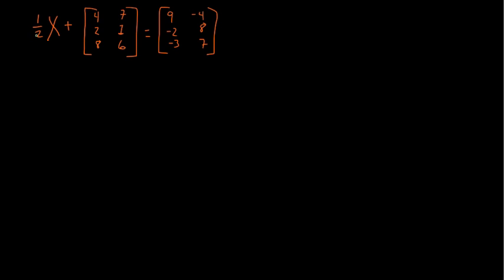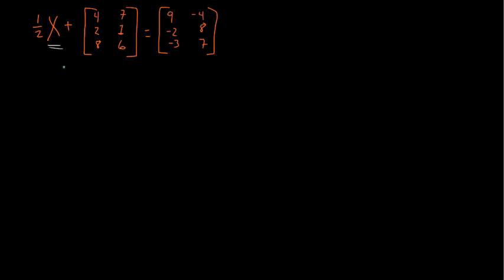So how would you solve this equation? 1/2 of this X matrix that we don't know, plus this first matrix equals this second matrix. How could you solve for X?